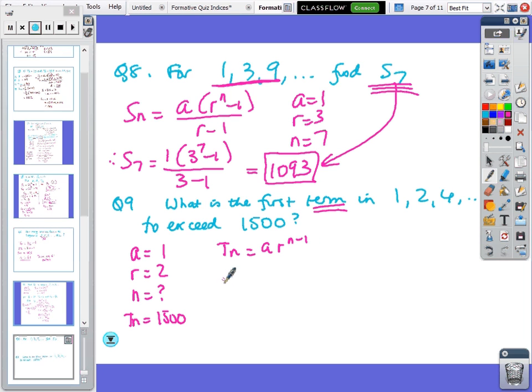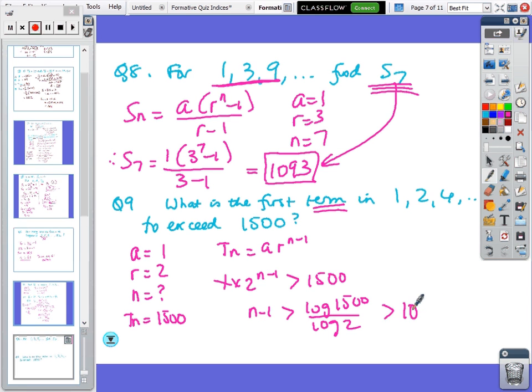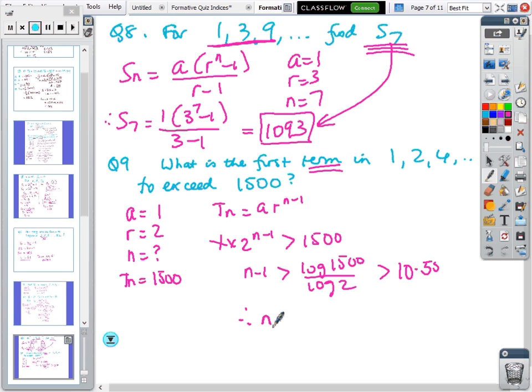So we've got 1 times 2 to the n minus 1 has to be greater than 1500. 1 doesn't change anything, so n minus 1 has to be greater than log 1500 over log of 2, which is 10.55. Therefore n has to be greater than 11.55, because we've got the minus 1 to get rid of, and so we need 12 terms.